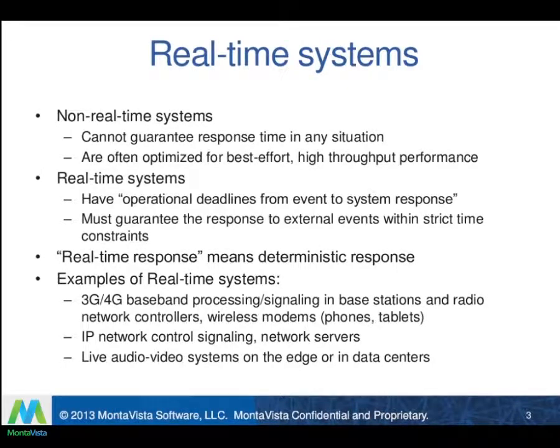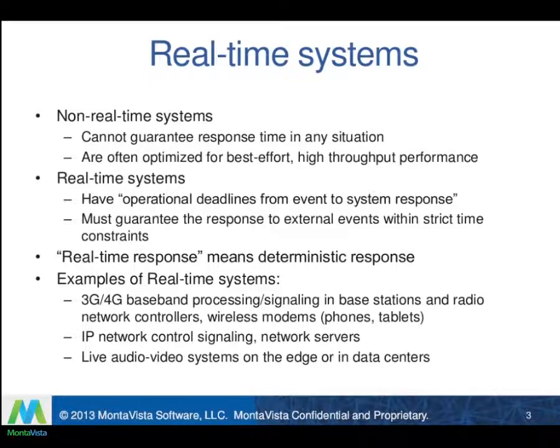Non-real-time systems basically cannot guarantee the response time in any situation, and they are basically for high throughput or for best effort. Whereas real-time systems have operational deadlines from the event to the system response. They also guarantee the response to external events within strict time constraints.